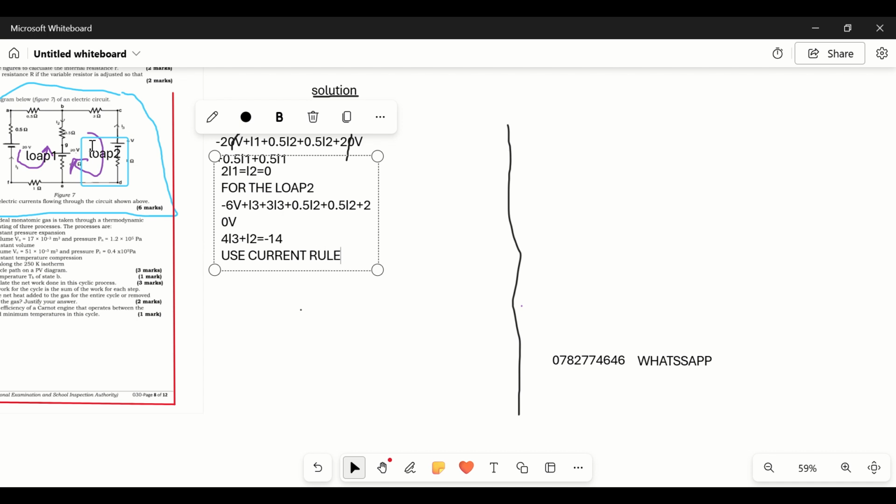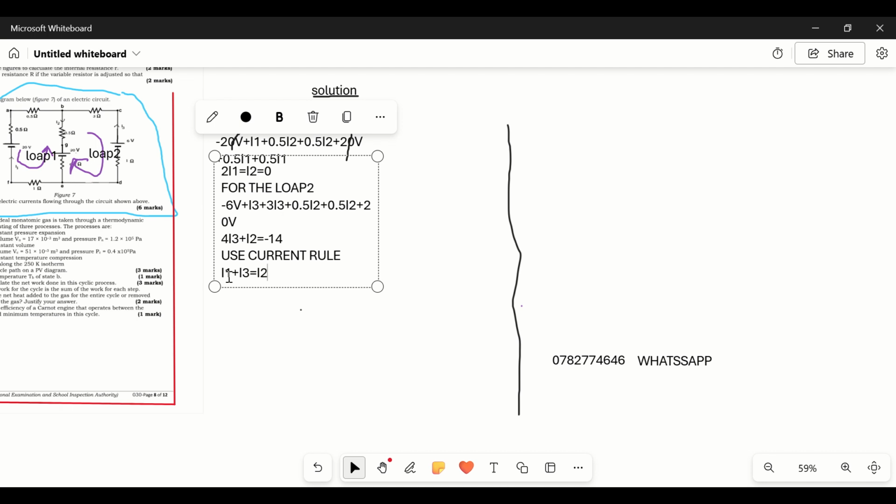Can use here the current rule, where the current entering a junction is equal to the current leaving the junction. Here the current I1 is entering this junction B, and I3 is also entering this junction B, and I2 is leaving junction B. So I1 plus I3 will be equal to I2.